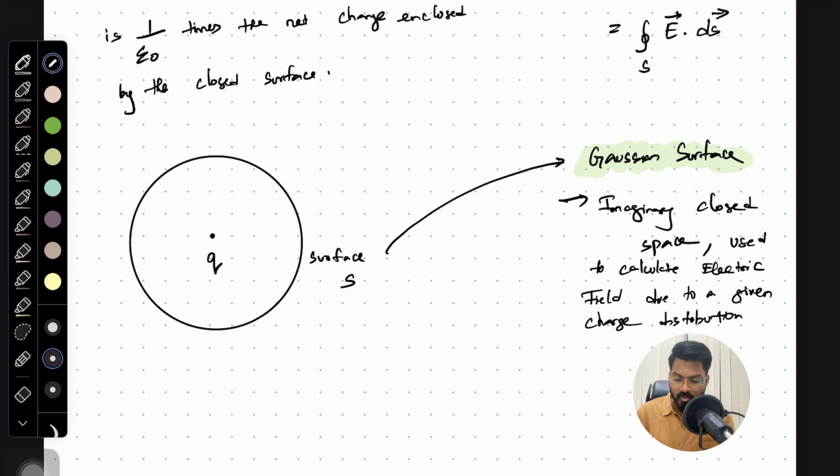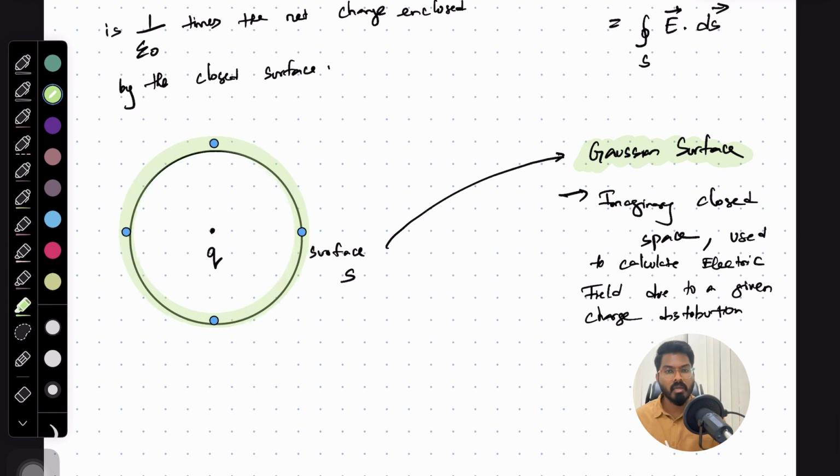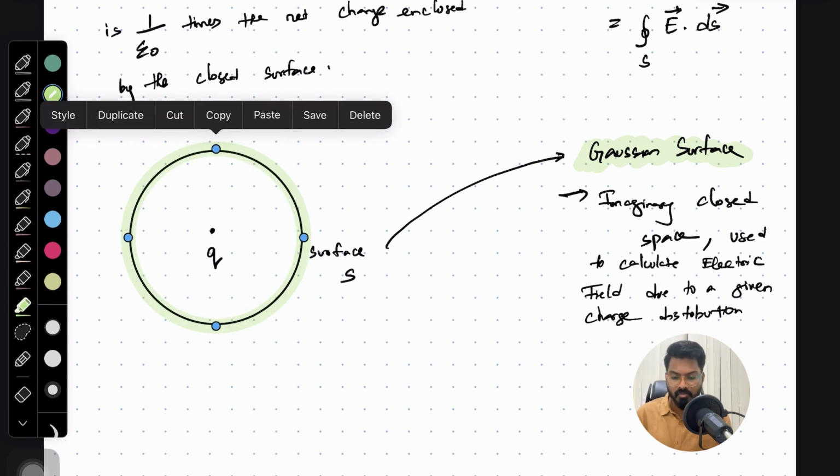That is a Gaussian surface. Now we have a charge that is real, but the surface which we have drawn here is not a real surface. It is an imaginary surface.